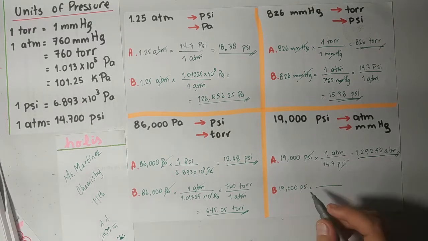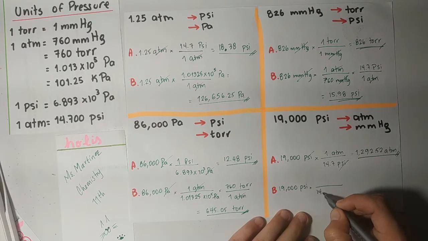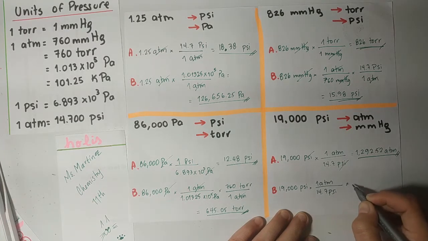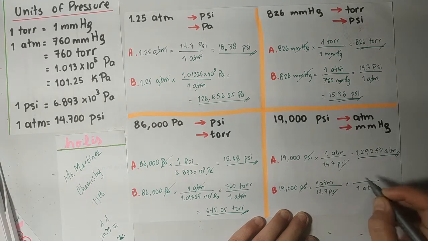I know that there are 14.7 psi in 1 ATM, and in 1 ATM I have 760 millimeters of mercury.